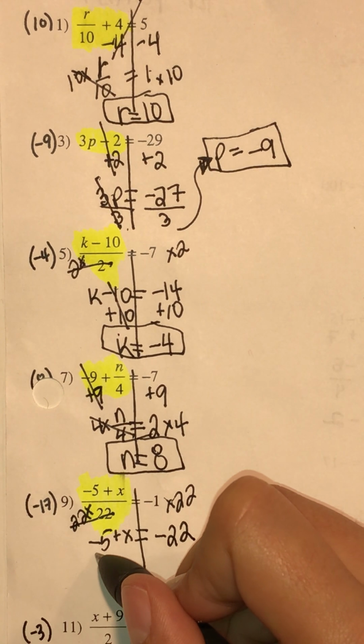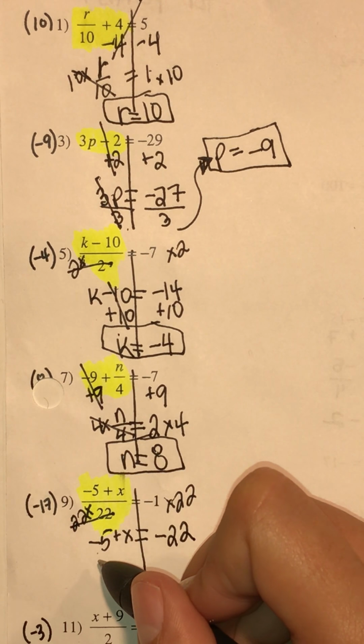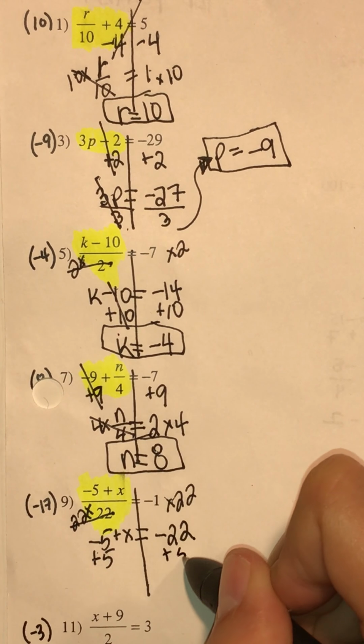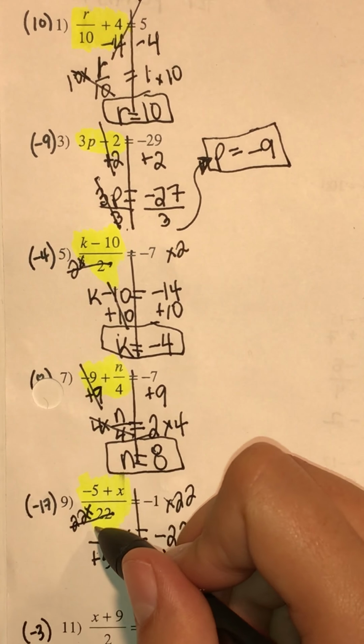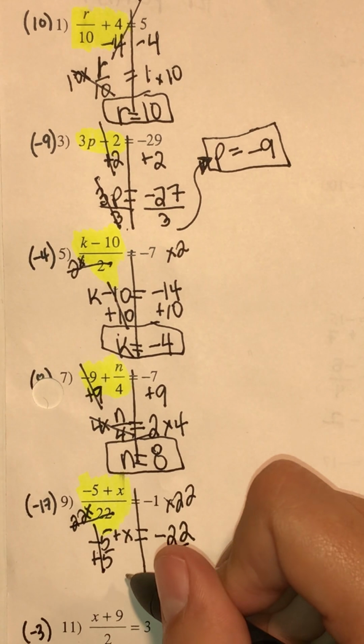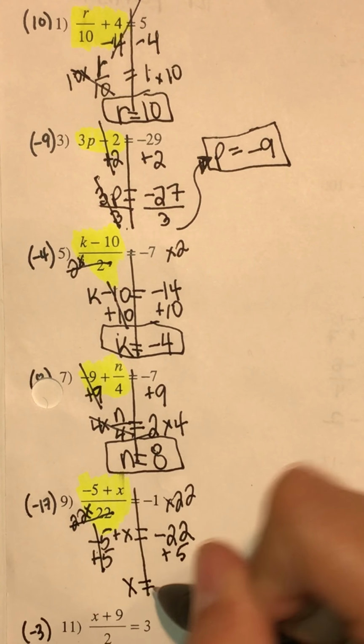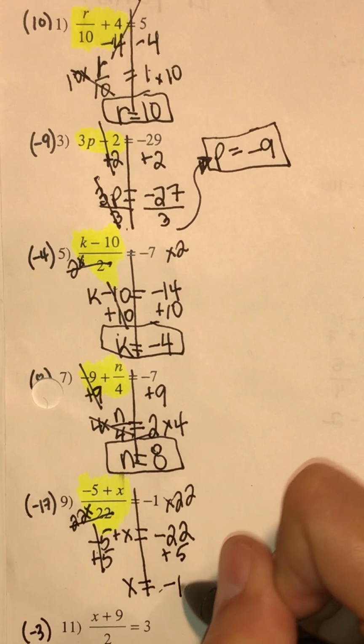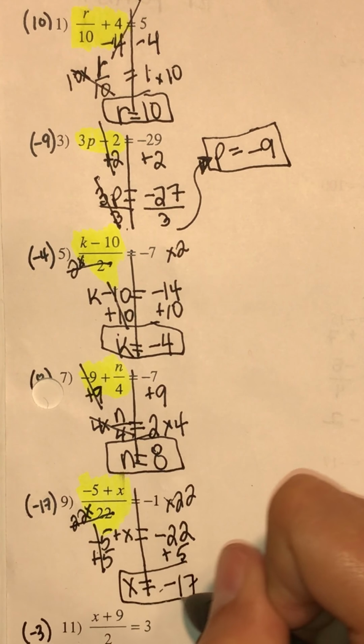And now I'm going to get rid of this -5. The opposite of a -5 is a +5. So when I add 5 to both sides, those cancel on the left. I drop down my x, my equal sign, -22 plus 5 is -17.